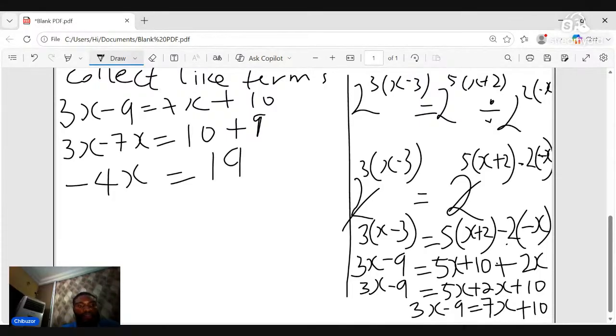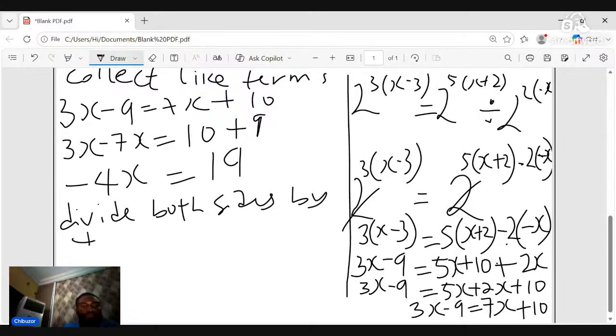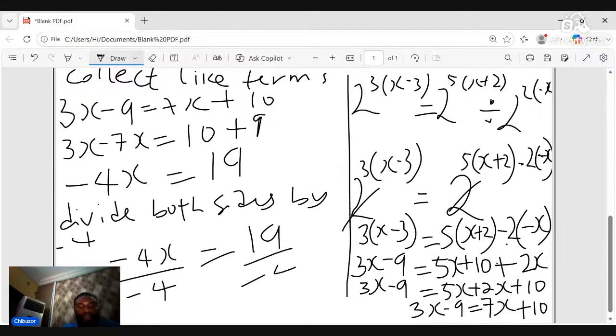So divide both sides by minus 4. We'll have minus 4x over minus 4 is equal to 19 over minus 4.